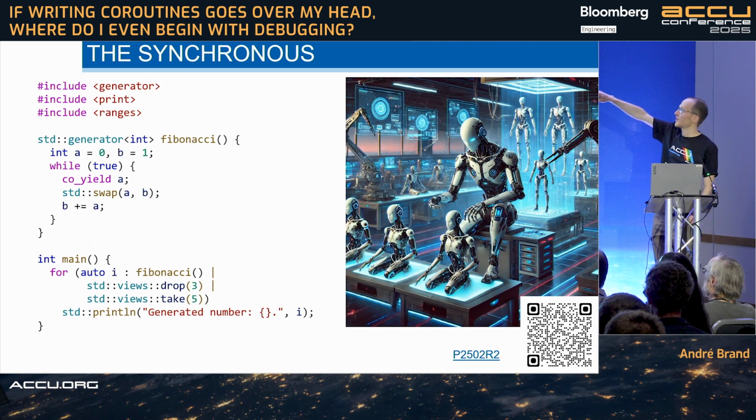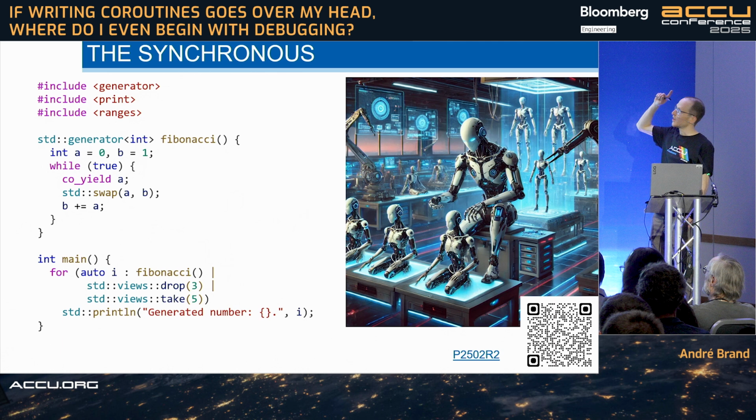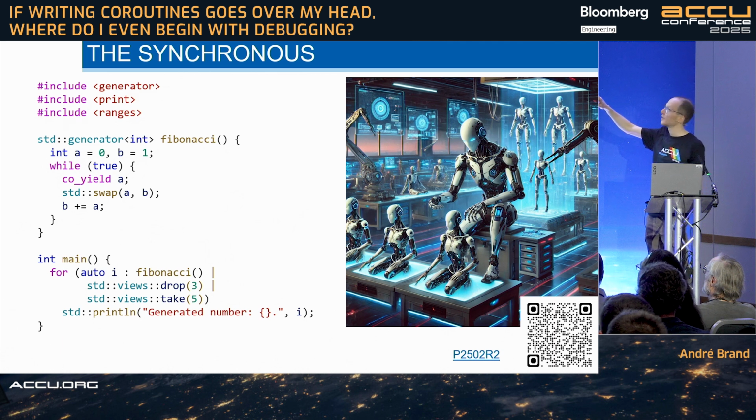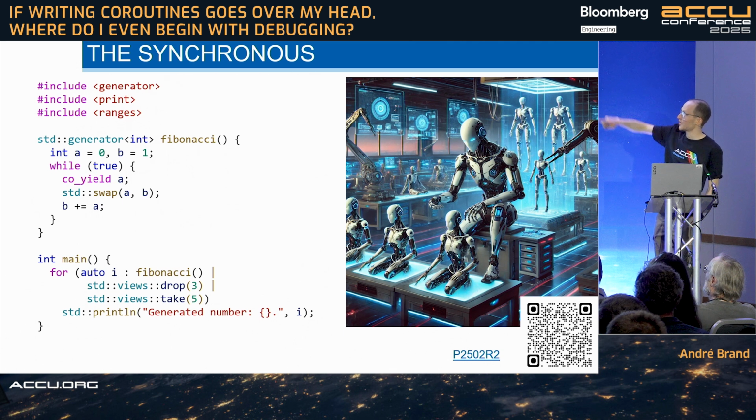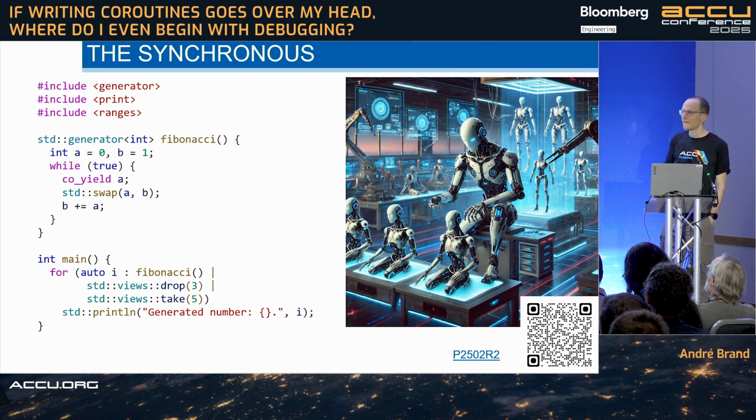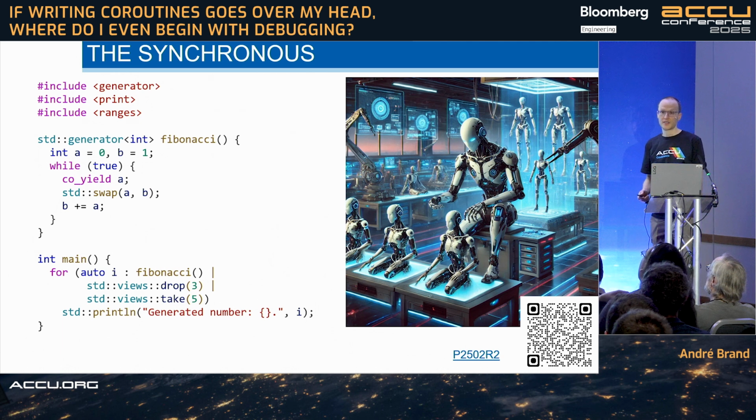One interesting point to make is that we are using a library component, and we are both the caller and the callee of the library component. So we are writing the Fibonacci generator, which constructs an infinite range lazily. And we make use of it later on. That's another thing we hadn't had earlier.